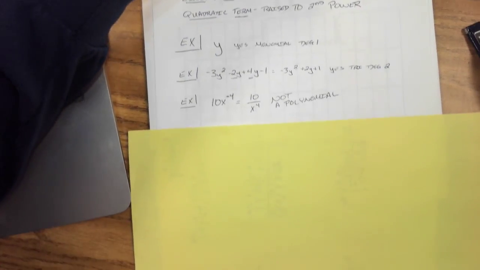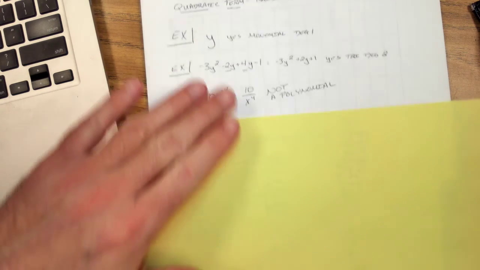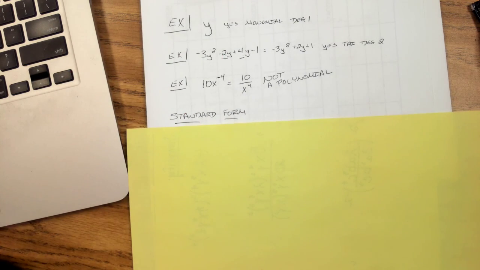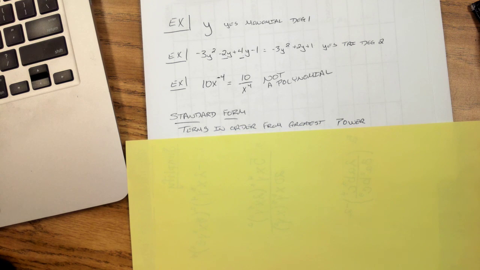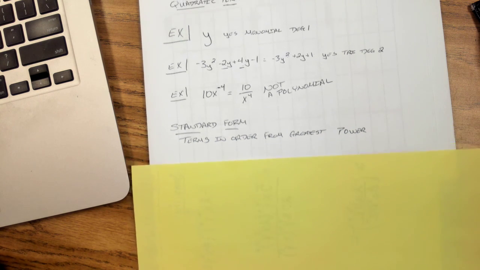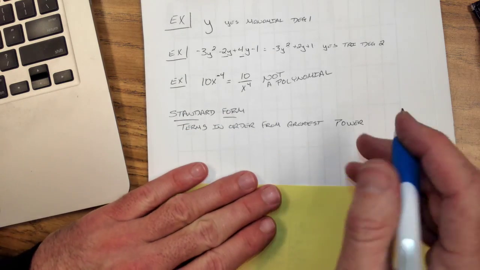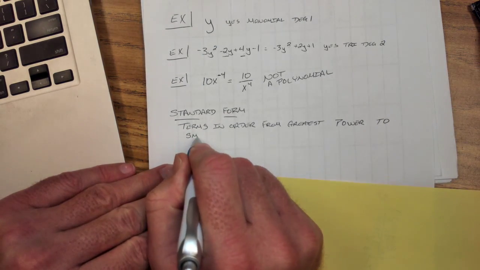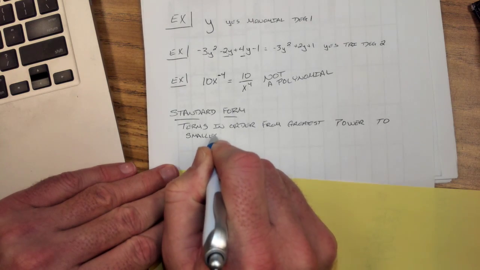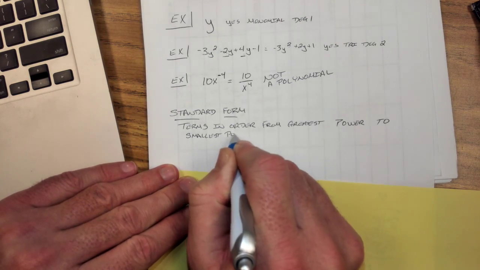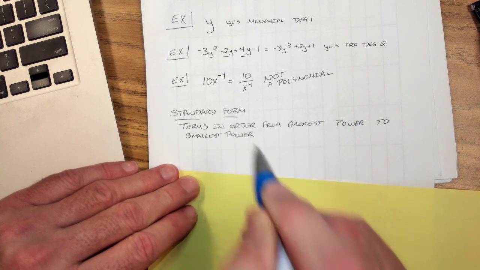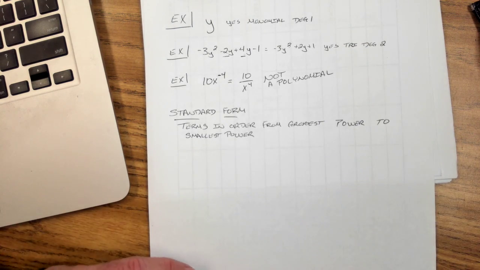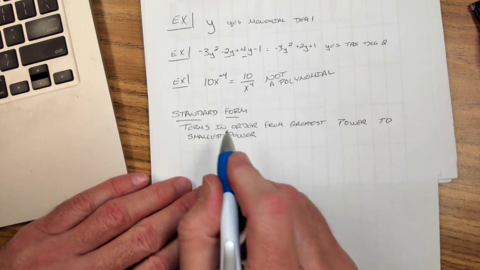All right, bear with me now a little bit more. Standard form. Standard form means we're going to put the terms in order from greatest power to the least, or smallest, power.